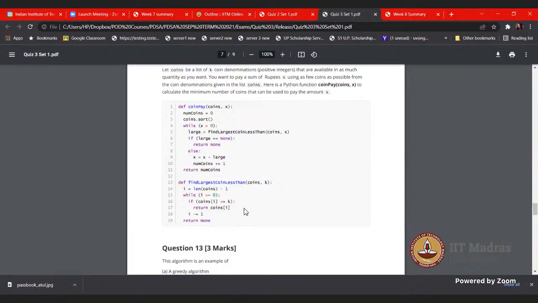Because of that, this is a greedy type of algorithm: first we sort the elements and we select the largest value.